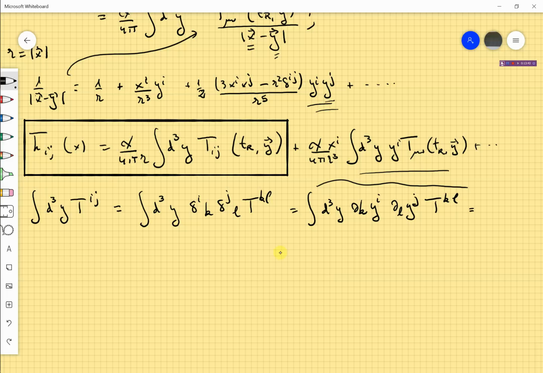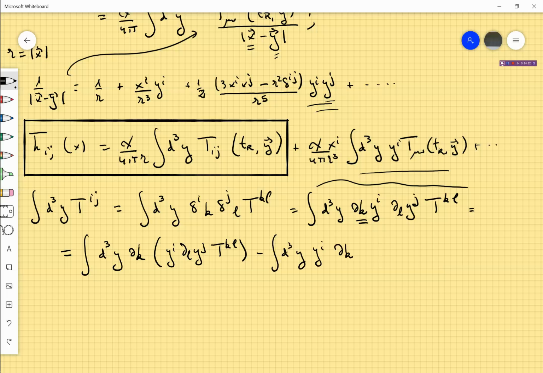Now I'm going to integrate by parts with respect to this derivative. So I have the integral of ∂_l (y^i ∂_k y^j T^kl) minus the integral d³y of, only y^i stays out, and then we have ∂_l ∂_k y^j T^kl.